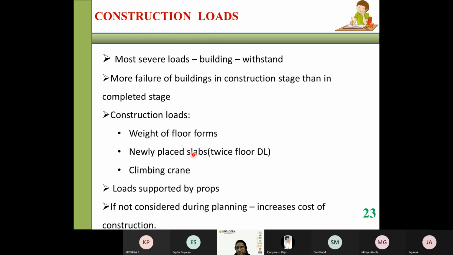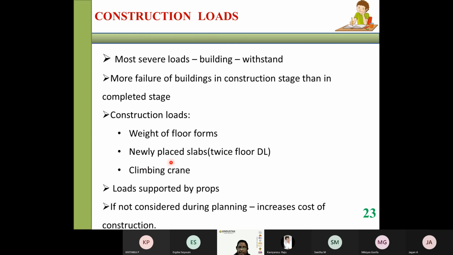So from the ground floor you will be pumping the concrete, and with high pressure the slabs will be cast in that particular area. So it is twice the floor dead load. This much heavy load will be coming when you cast the slab.